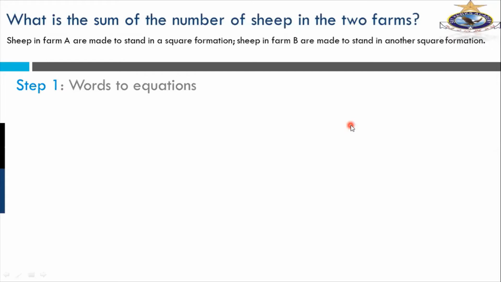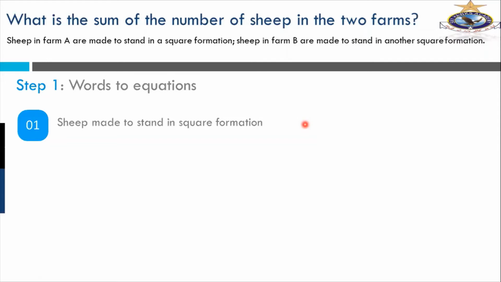The first step, step one, is words to equation. All these are words, and there is no mathematics over there. So we are just changing these words to the equation. The first is sheep made to stand in square formation. Square is a geometrical figure.